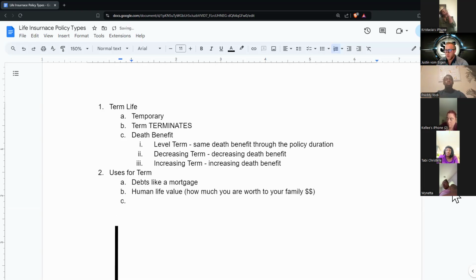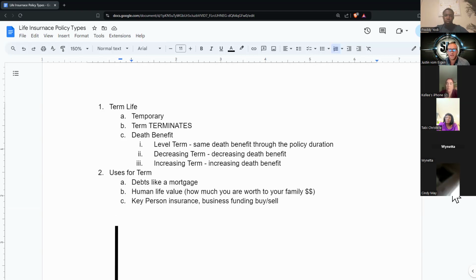It's also used for business, key person insurance or business funding, like buy-sell agreements. So key person insurance, say Tabby here was my CFO. And Tabby was an executive at my company, and she's very important to the day-to-day operations of the company.